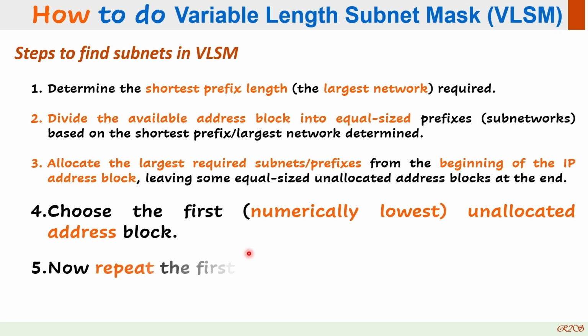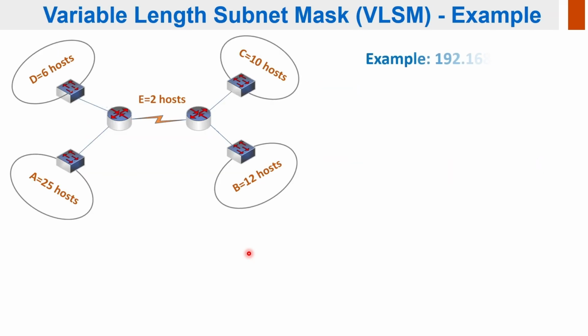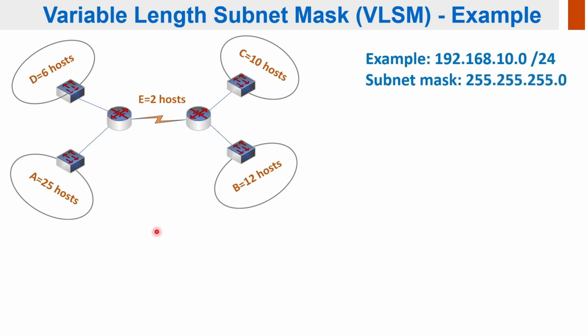Okay, so let's see the example again. The network we saw before. Now the largest network is network A, right? Which is the 25 hosts. All others are smaller than this network.